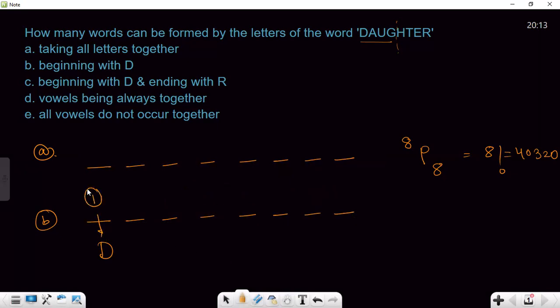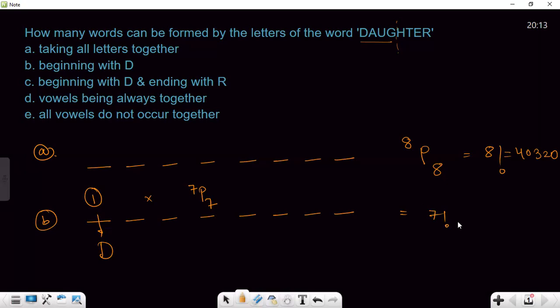How many choices for the first place? 1. Now we are left with 7 letters to be arranged on 7 places, so select 7 from 7 and then arrange them on 7 places. 7P7, so 1 into 7P7, or we can also write 7 factorial. 7P7 is 7 factorial only.